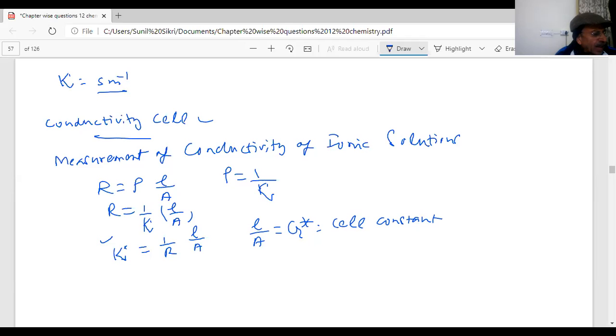Therefore, we can find the relationship: R into kappa is L by A, which is your cell constant. These are some of the formulas which can be used, students, in order to solve the numericals.